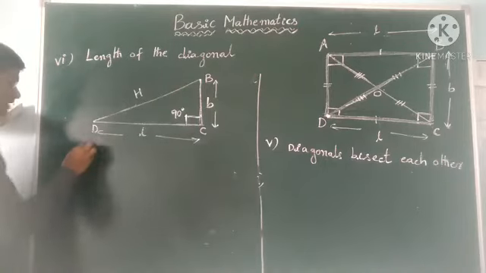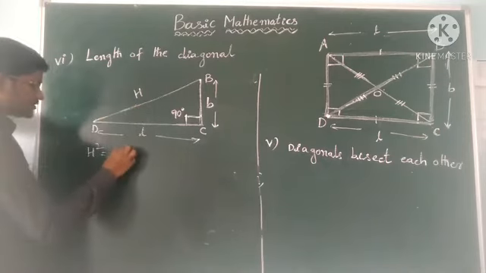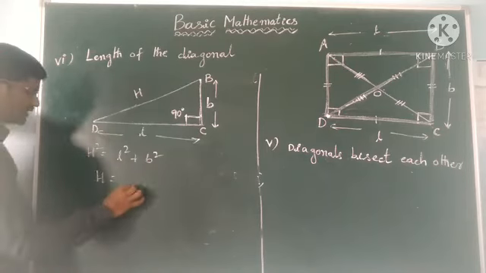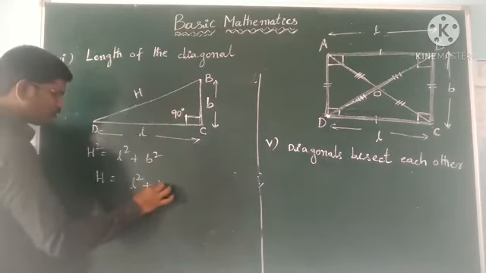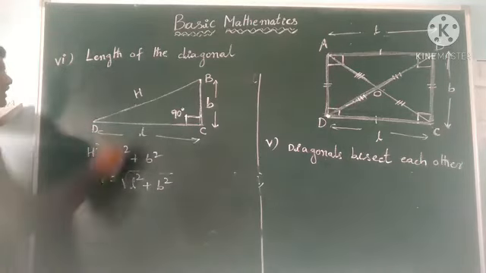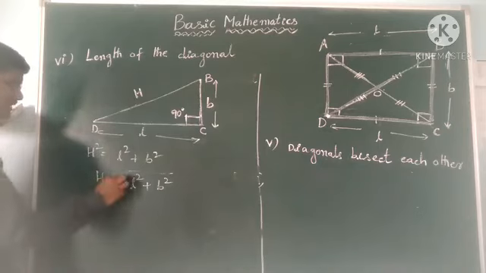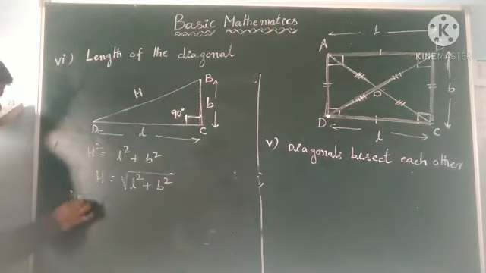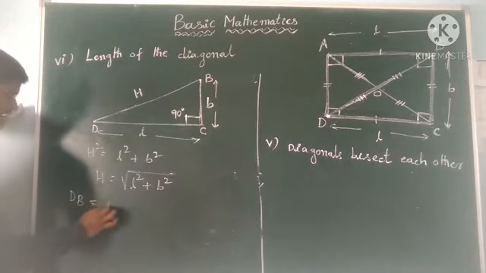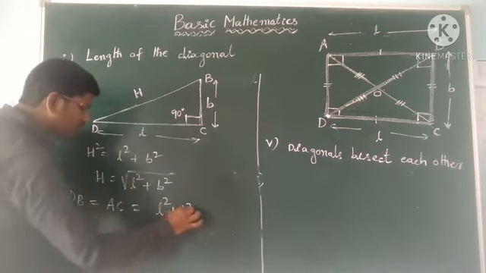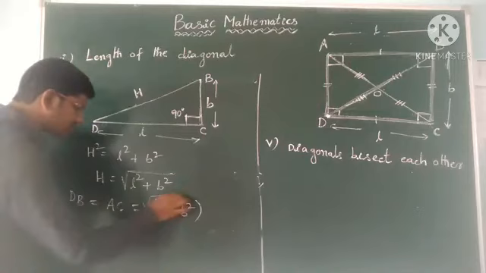So H square is equal to side square plus side square, which gives L square plus B square. Then H is root over L square plus B square. That is the length of the diagonal. The length of the diagonal is the hypotenuse, so we get root over L square plus B square. That is the length of diagonal DB or AC.